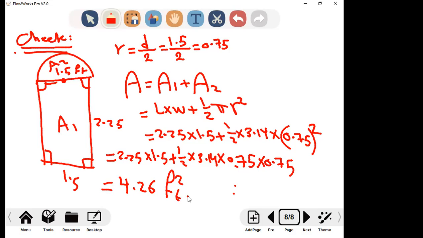Is it clear? If I tell you, and these numbers, I won't let you use a calculator. These numbers are easy numbers, 0.75, 2. You need to make effort.